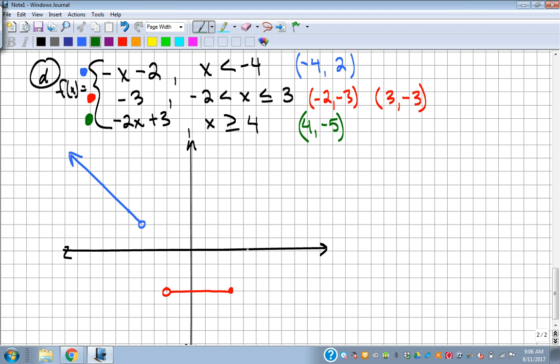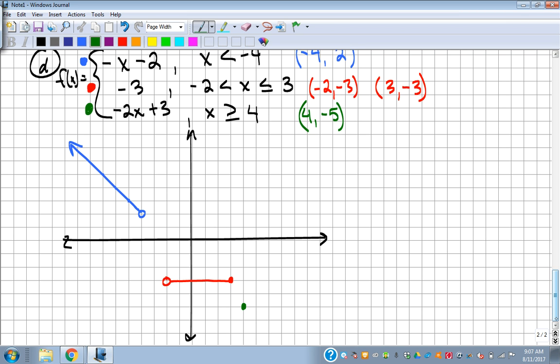So we're going to go to 4, negative 5. 1, 2, 3, 4, 5. There we go. Oops, I filled it in, but should I? Yeah. Why yes? It's equal to. It's got the greater than or equal to. Now, which direction am I going to go when I count my slope? To the right, because it's greater than. Greater thans go to the right. So down 2 over 1.